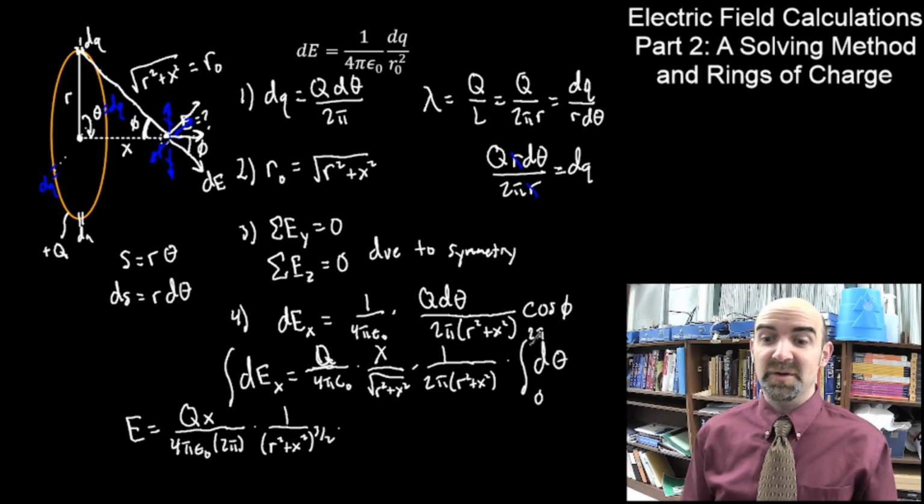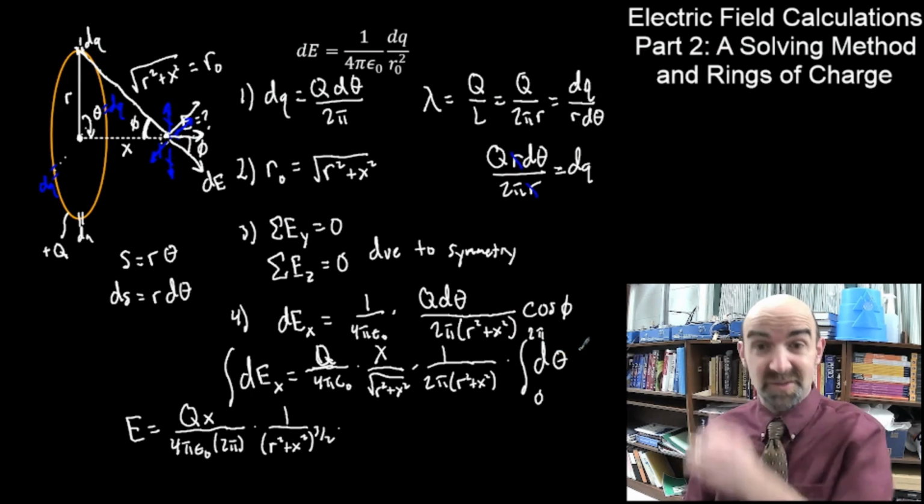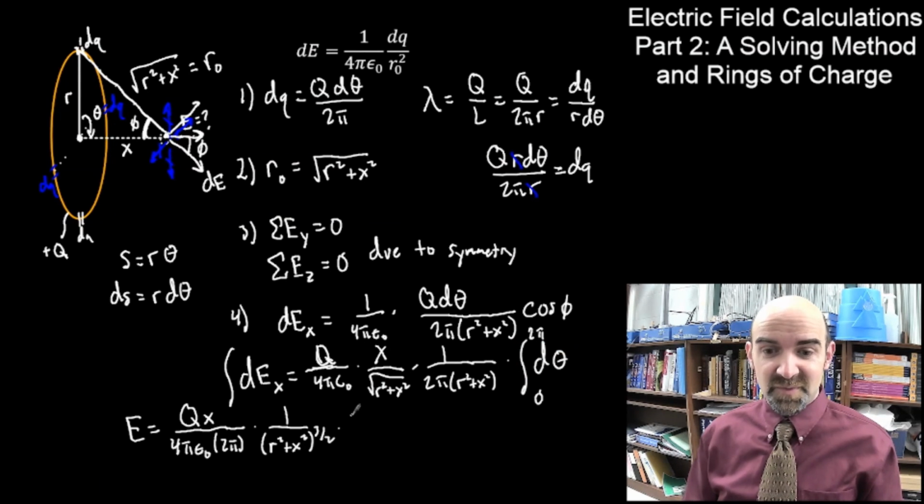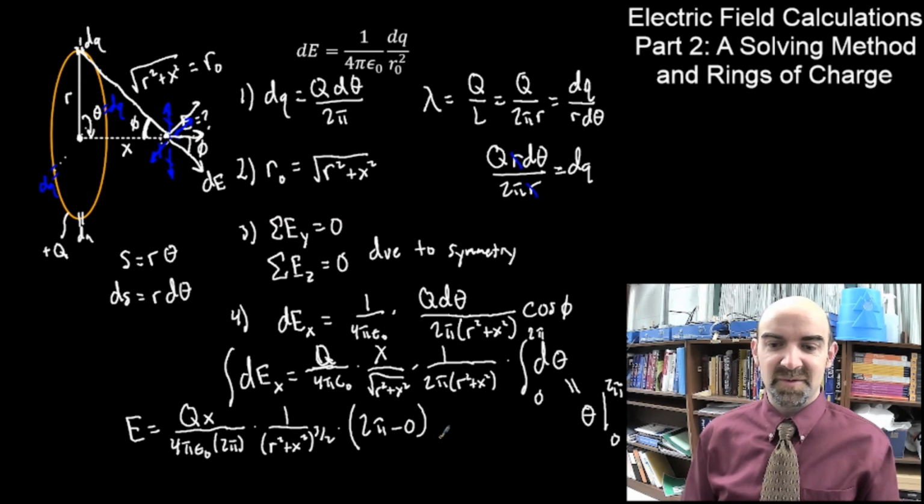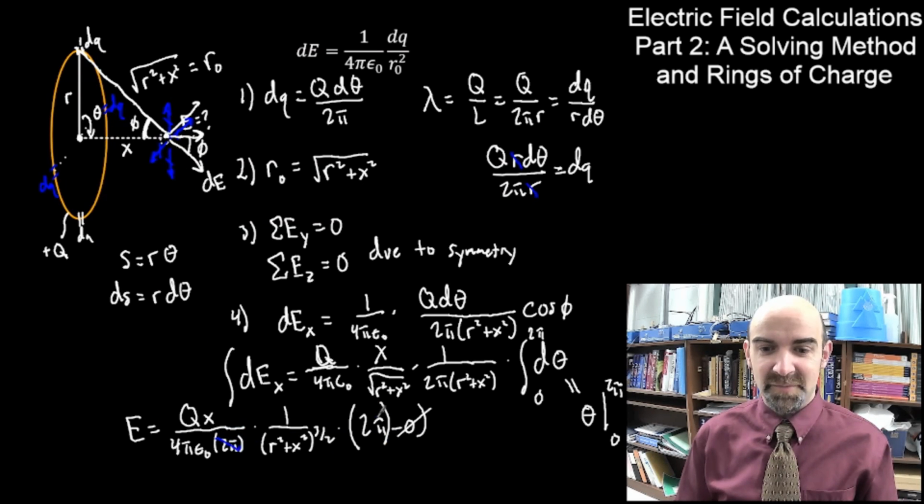Now what's left over here? The integral of d theta is theta. We're going to evaluate that from 0 to 2 pi. And that's it. So we're going to have a 2 pi minus 0 in there. And that gives us 2 pi. A couple of those 2 pi's cancel. Bam, bam.